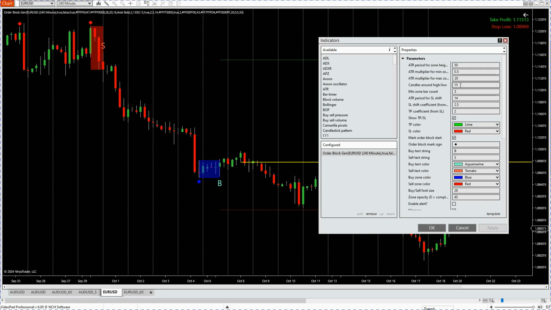Now if I decrease this, let's bring it down to, let's say, 6, and I hit apply, you see we get a lot more signals here. So we can use those two to increase the sensitivity and the number of bars within each of the blocks. Those are two of the most important settings that we need to know about.